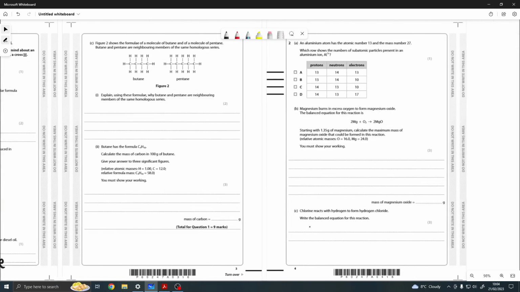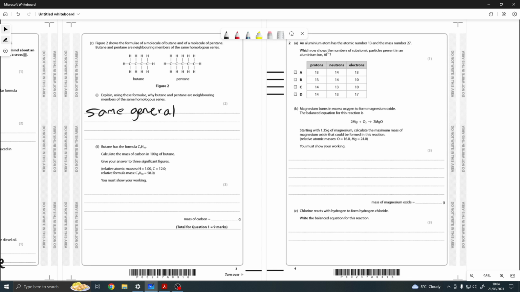Now, it says, and I quote, figure 2 shows the formula of butane and a molecule of pentane. Butane and pentane are neighbouring members of the same homologous series. Now explain using these formulas why butane and pentane are neighbouring molecules of the same homologous series. Okay. So they have the same general formula.